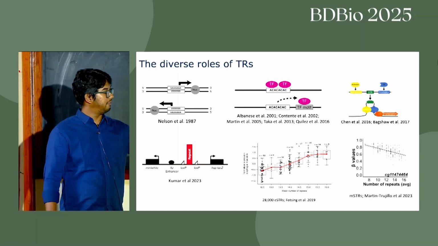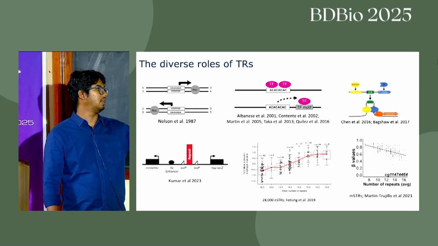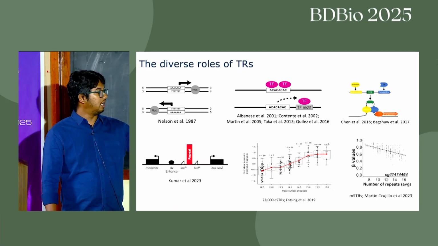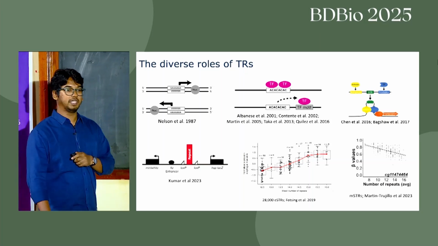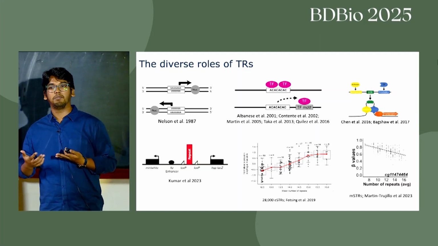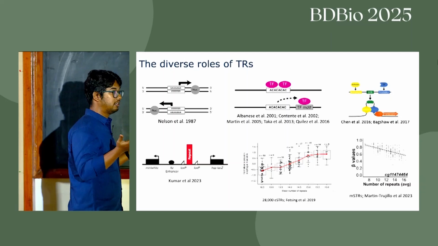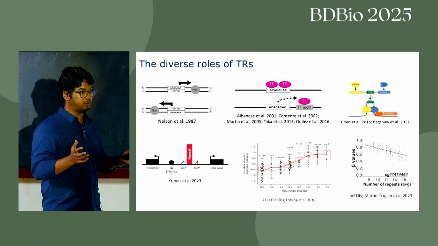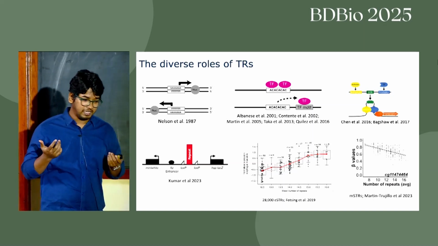There is also evidence that it can control methylation at a locus. This is another recent example where the repeat length is inversely correlated to the amount of methylation observed. So now we are picking up more and more attributes of tandem repeats, and the role of a lot of TRs is still unexplored. This is where the field is progressing.